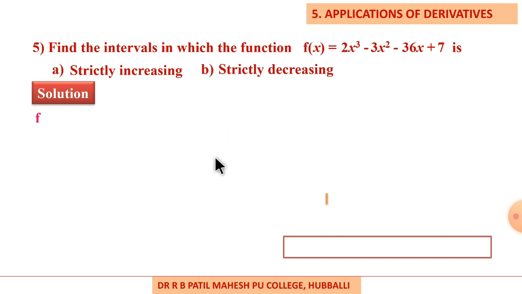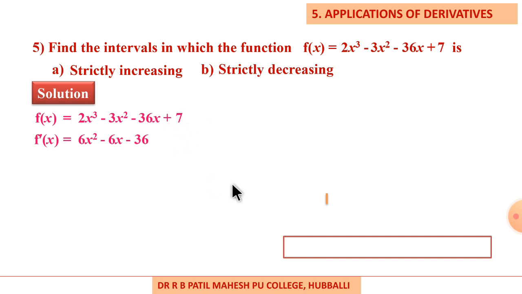Now first you start with the given term: f of x equal to 2x cube minus 3x square minus 36x plus 7. Next, differentiate this function with respect to x. We'll get f dash of x equal to, derivative of x cube is 3x square, so 3 into 2, 6 times x square, minus 6 times x, minus 36, because derivative of 36 times x is 36.